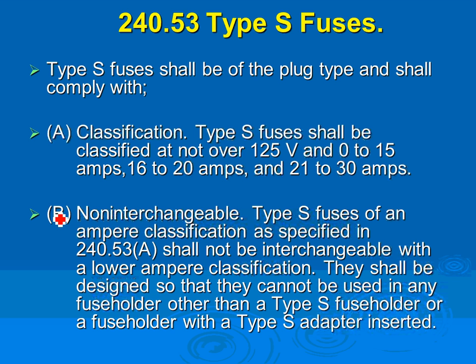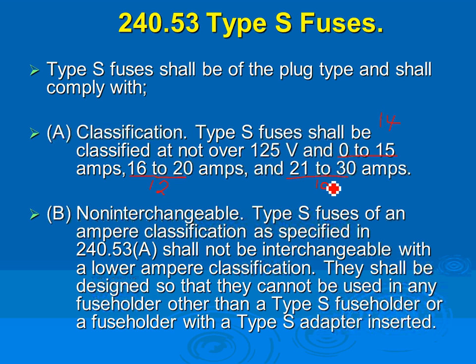So then we talk about the classification of the Type S fuse, guys. 120 volts, you can see that the intention here is to prohibit you from putting a 30 amp on a number 14 conductor. Can you guys see that? So you're talking about these limits. Here you talk about wire gauge 14. This is gauge number 12, and this is gauge what?